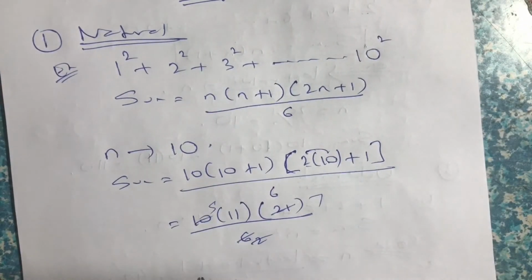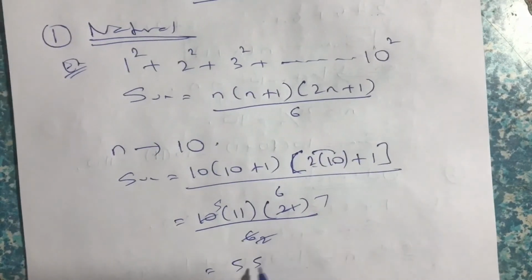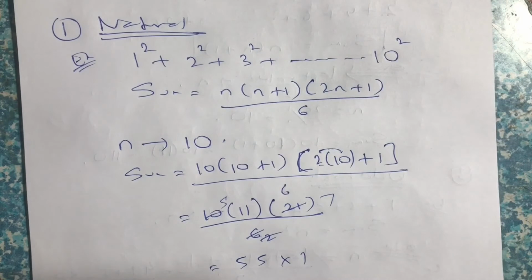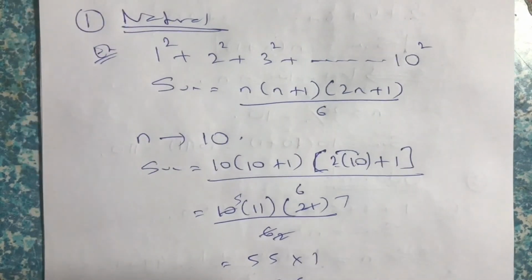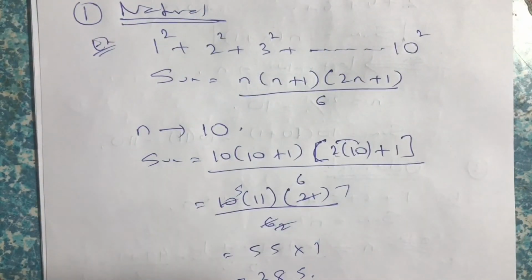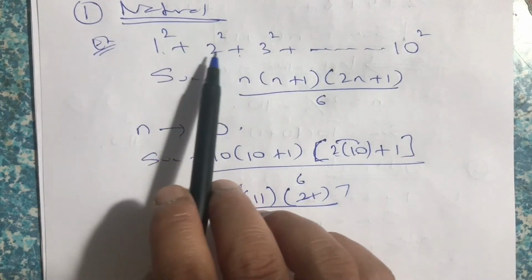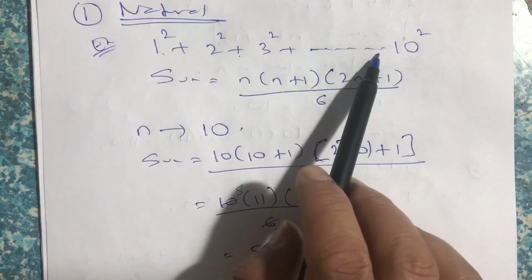So what do we get? We get 55 into 7, and you can easily get the answer. 55 into 7 gives me 385. That's the answer for this one. So that's how we solve questions to find the sum of natural numbers which have squares in them.